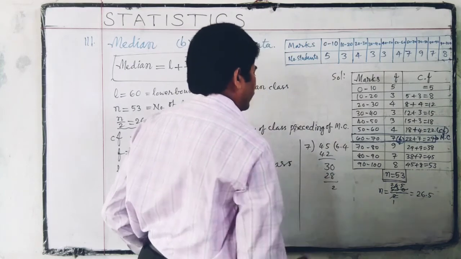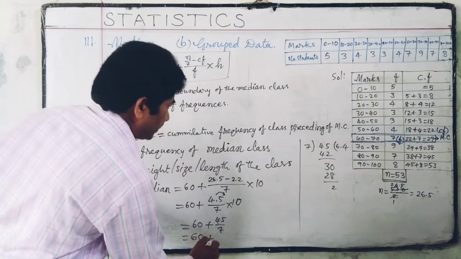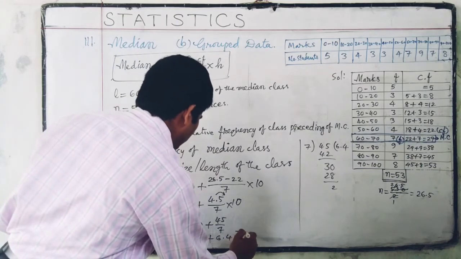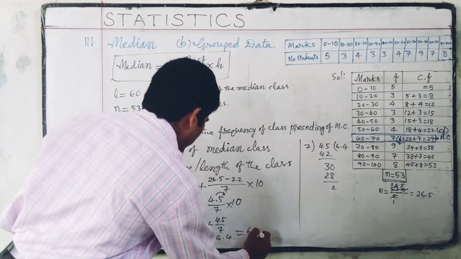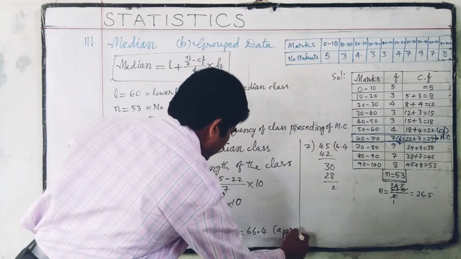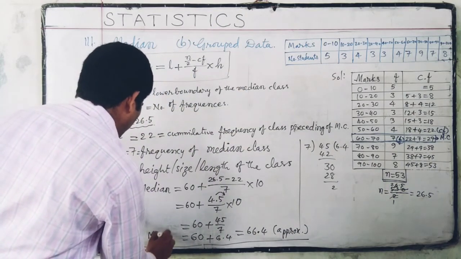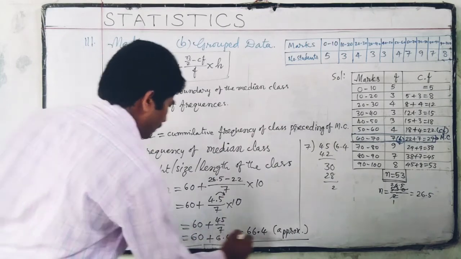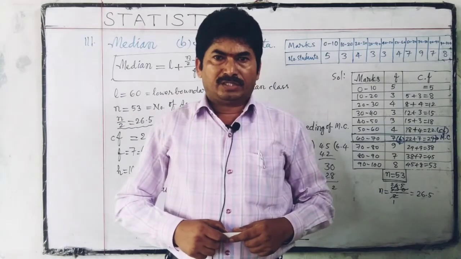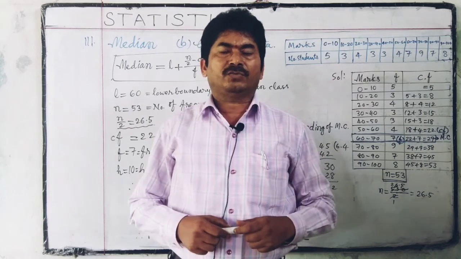So approximately 60 plus 6.4, that is equal to 66.4, an approximate value. So this is the median of this given data. Friends, I think you understood each and every concept that we learnt in this video.